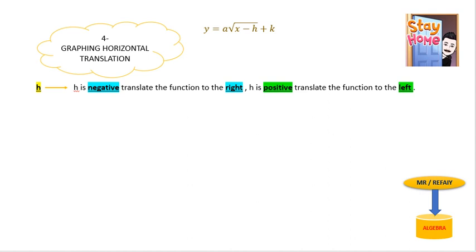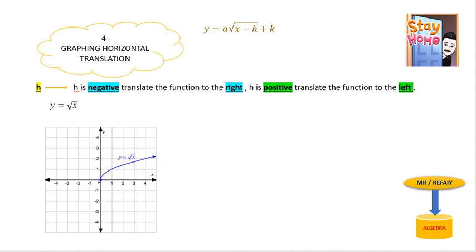If h has a negative sign, like this one, you have to shift right, or translate right. But if h is positive, translate left.